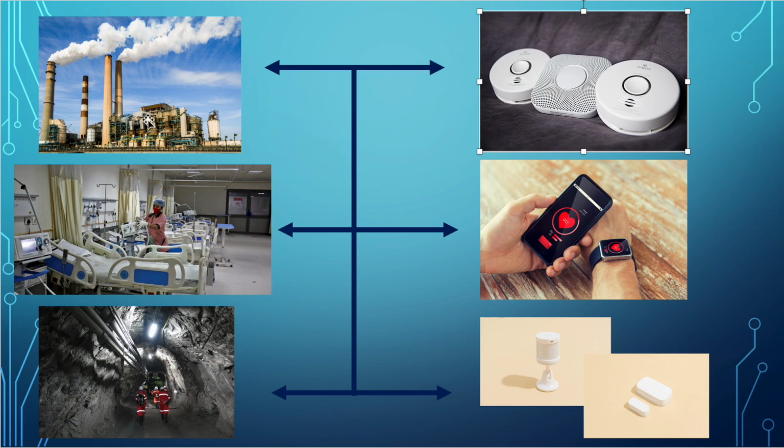So the first application here is going to be very simple, right? Heavy industrial environment where a lot of heat energy is needed to give out a product, either electricity or raw materials like metals and so on. A lot of heat is there, a lot of smoke is there.